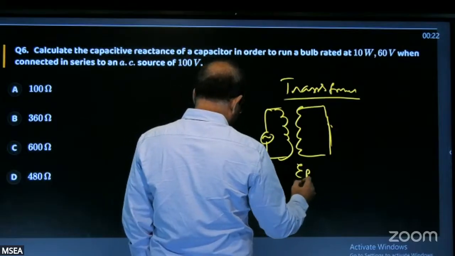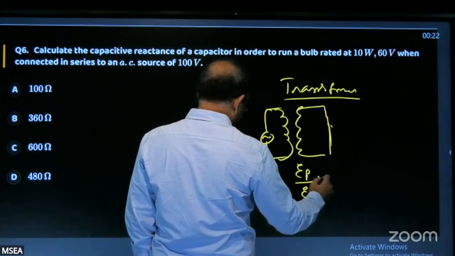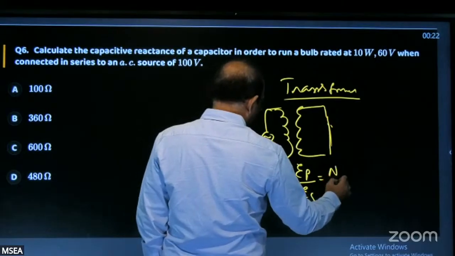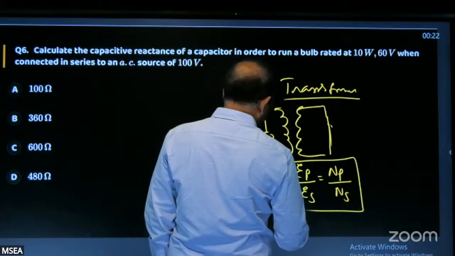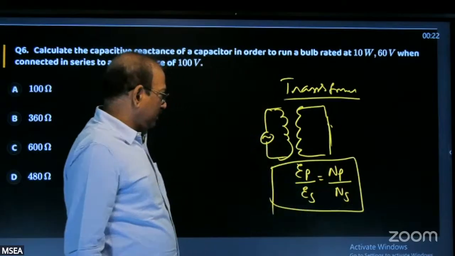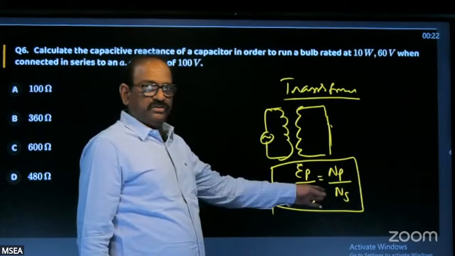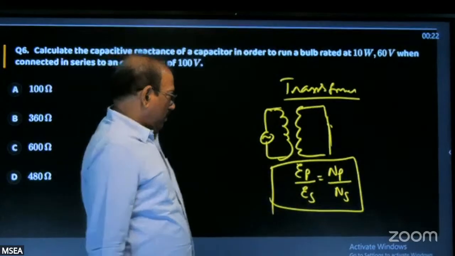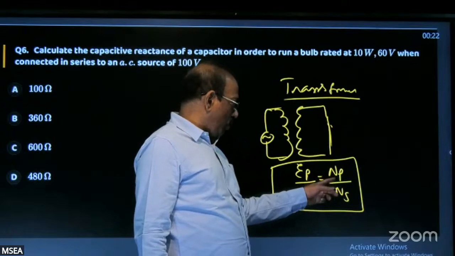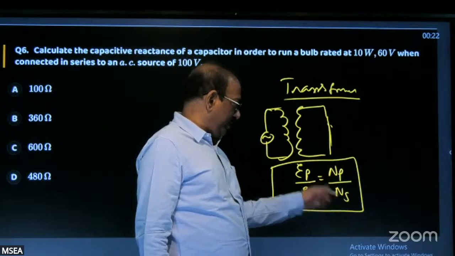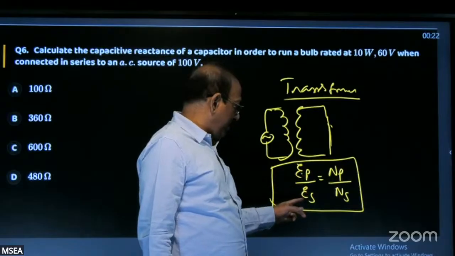The EMF of the primary coil divided by the EMF of the secondary coil must be equal to the number of turns of primary by the number of turns of secondary. This is the transformer ratio. If the number of primary coil turns is more than the number of secondary, EP will be greater than ES.